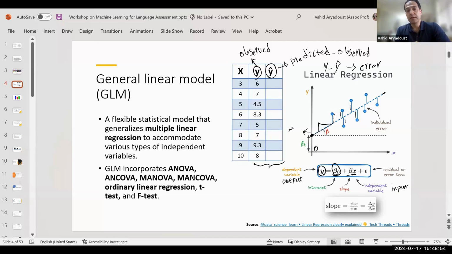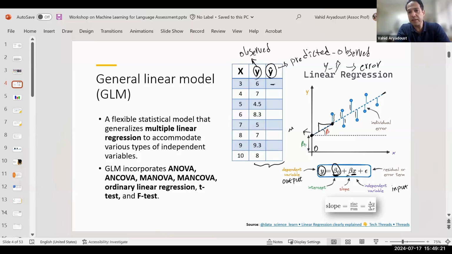Okay, so let's say our actual amount of x is 6, our actual amount of y is 3 and 6 respectively. Now, this represents the first point, but the point, the y hat that is predicted, is right here, on the line. So there's a distance between these two.